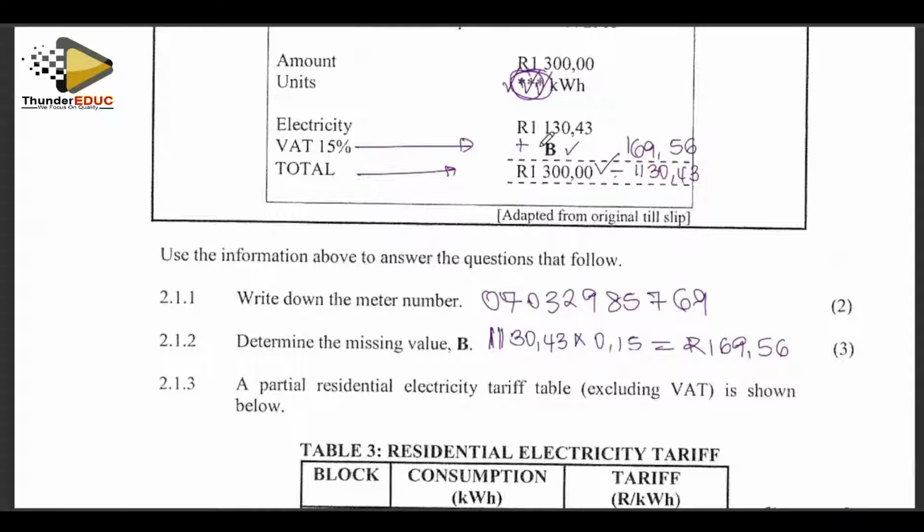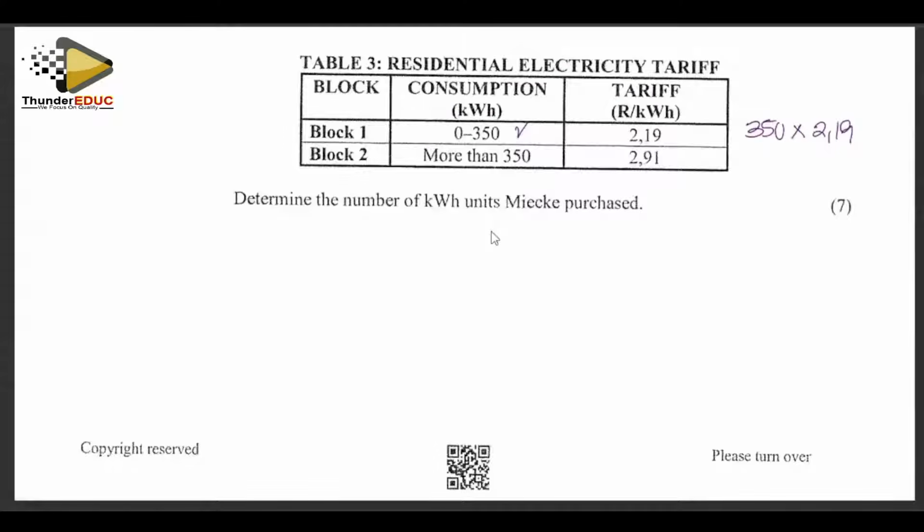Remember, the person paid 1,130 before VAT. So we are looking for 1,130, which is before VAT, because the costs here are excluding VAT.